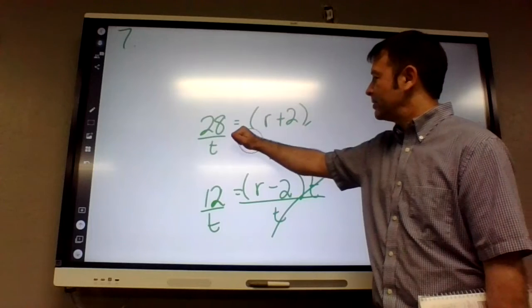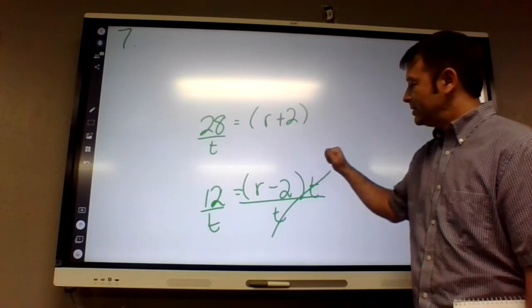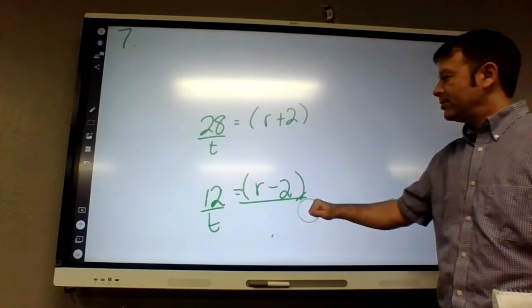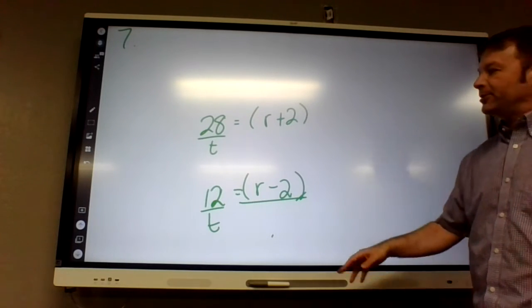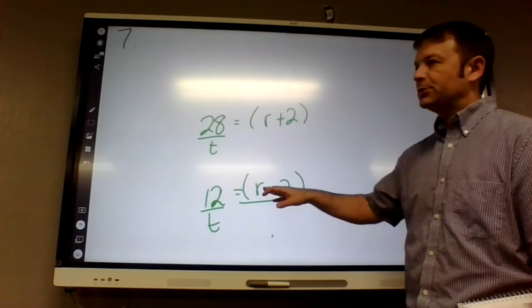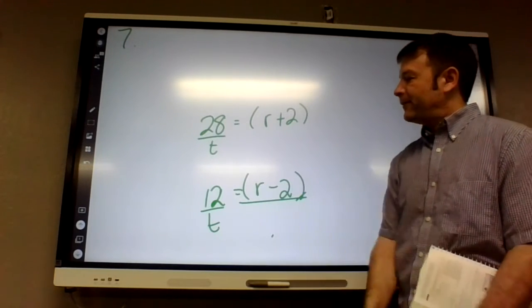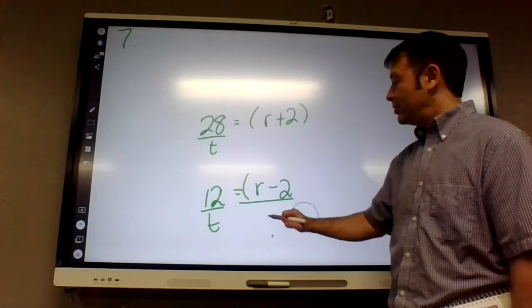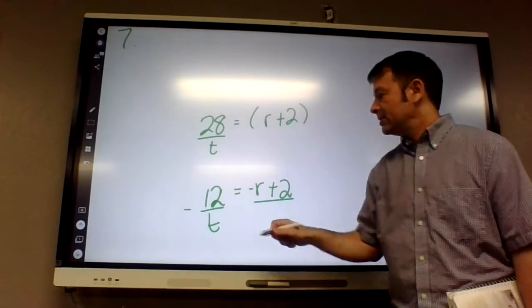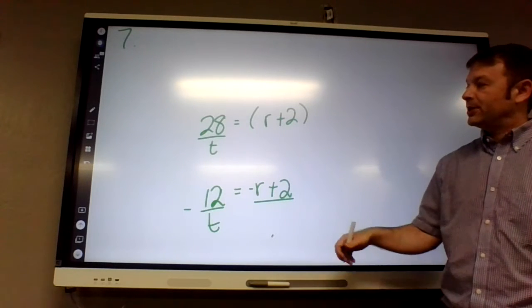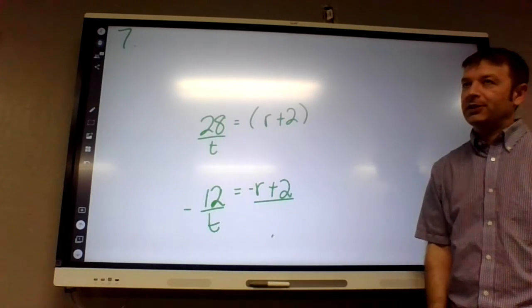If you divide by T, the T's go away on the right. Now, why did I do that? Well, I can cancel my R's out pretty easily. If I multiply by like -1 on the bottom, I can cancel my R's out when I add them together. That's why I did it.